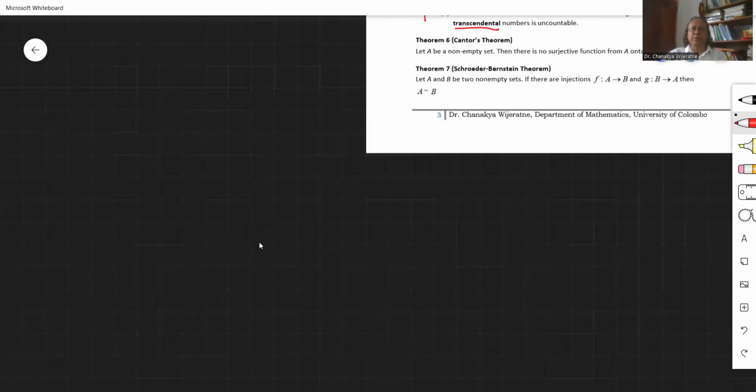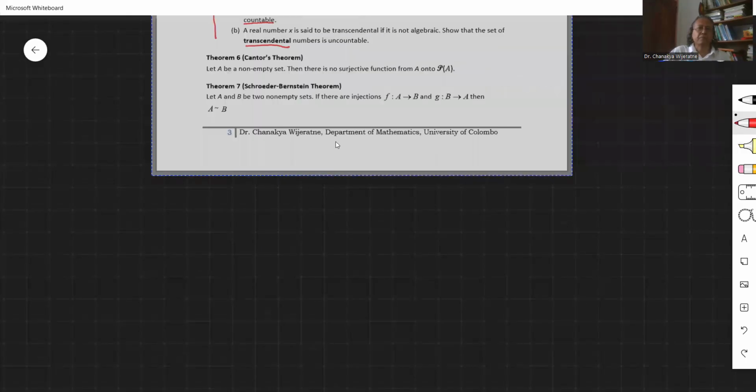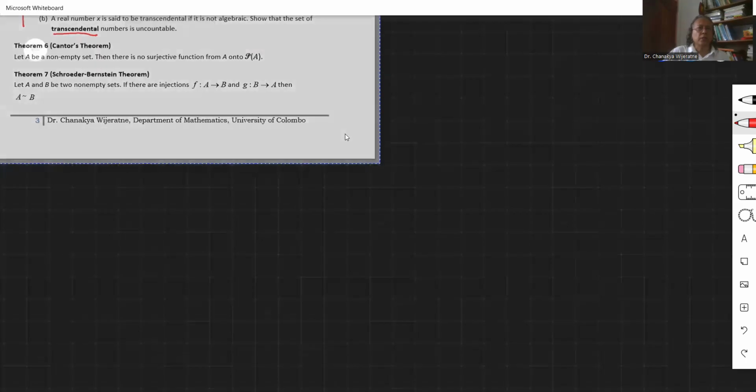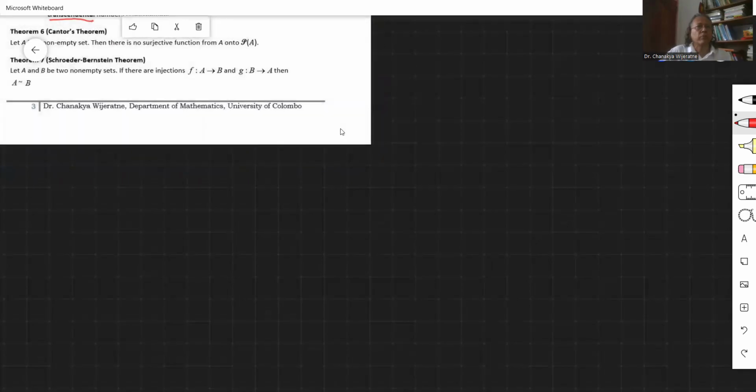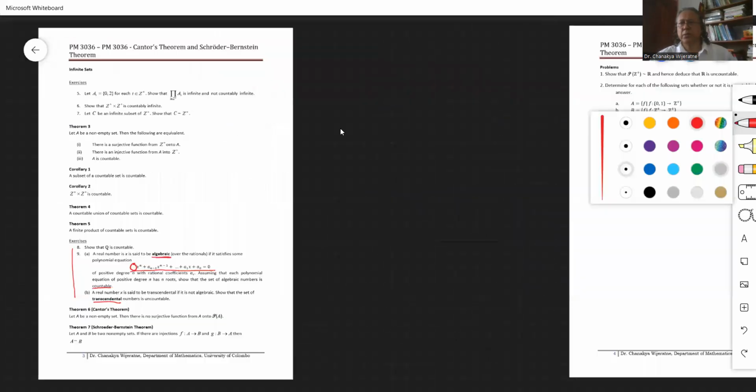So Cantor's theorem says that there is no surjective function from A onto the power set of A. Let me zoom this out.